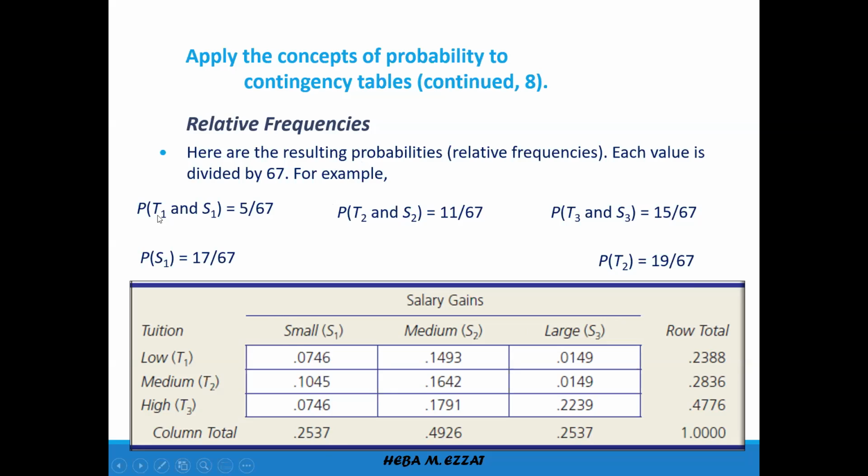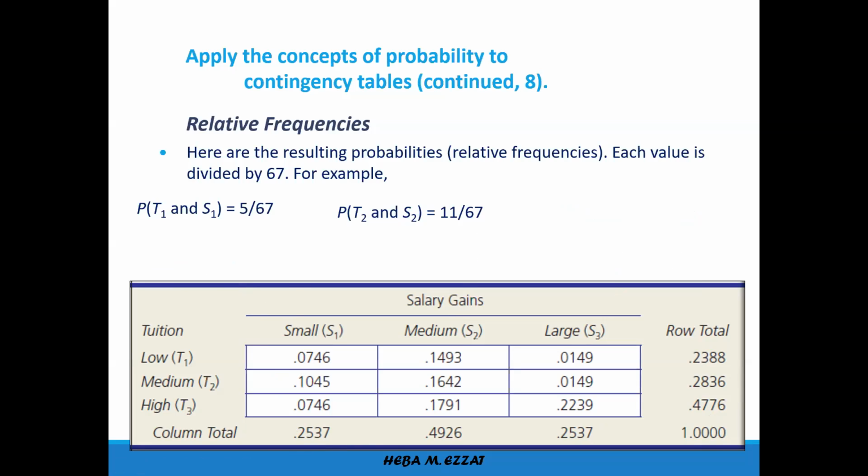This gives you the value of T1 and S1. To get it, you just divide by the grand total of the table. For the marginal frequency, you also divide by the grand total.